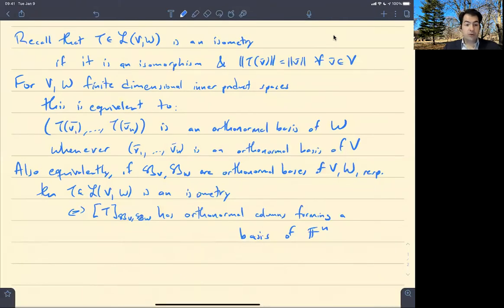Okay, so those are different ways of recognizing that a map is an isometry.